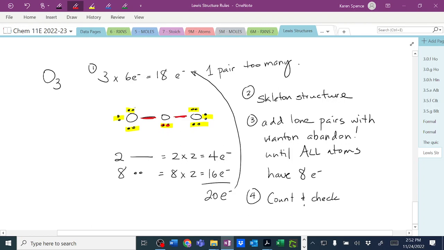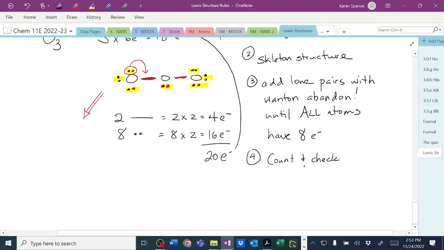One of the side oxygens. Does it matter which one? No. So we are going to take these electrons and move them in, which will then give us O with 2 lone pairs, a double bond, and then an O, and then a single bonded O with 3 lone pairs.